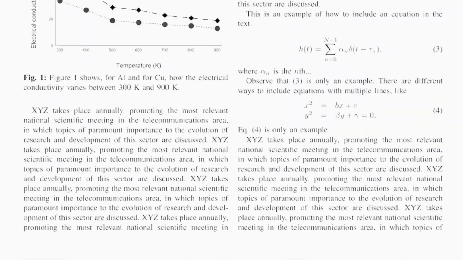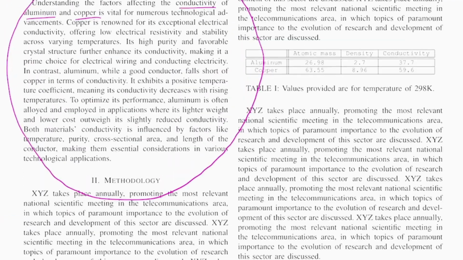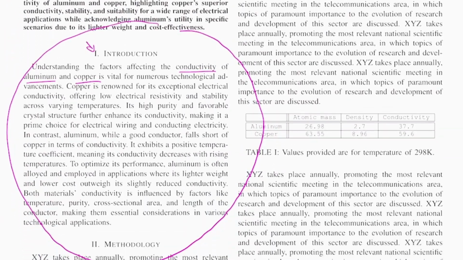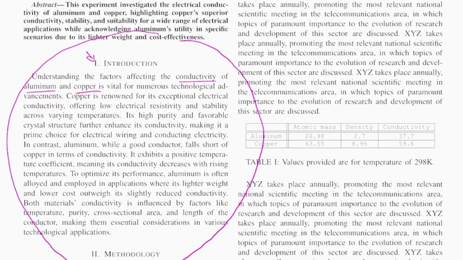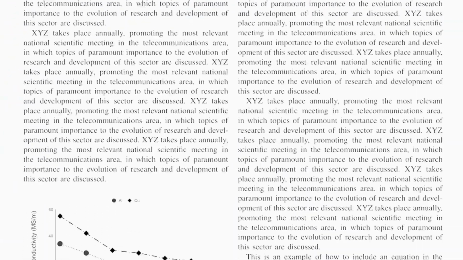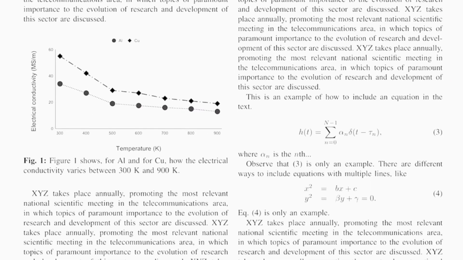So then she said, go back to the beginning and now start looking at all the tables and the graphs. So for example, here, Table 1, okay, this is just an introduction where we're looking at the properties of these two materials. And then the next figure here, well, let's see what this figure is presenting.